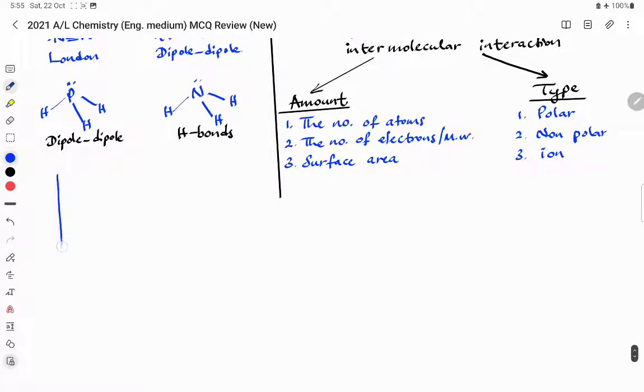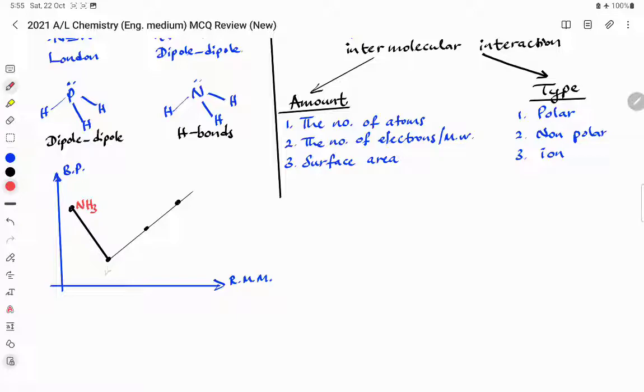If you remember the boiling point curve of the hydrides of group 5 elements, boiling point against relative molecular mass, it goes like this, decreases like this, increases like this: NH3, PH3, AsH3, SbH3. Ammonia has a kind of higher boiling point because of the presence of hydrogen bonds.